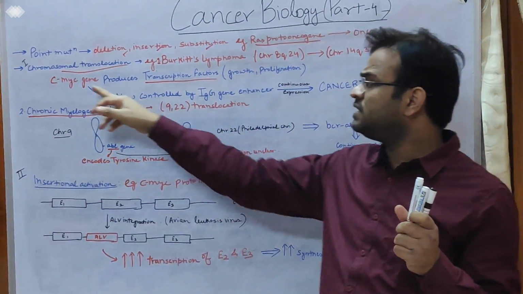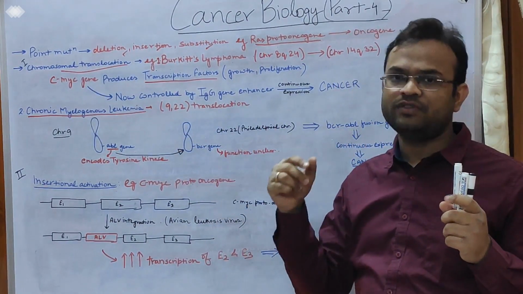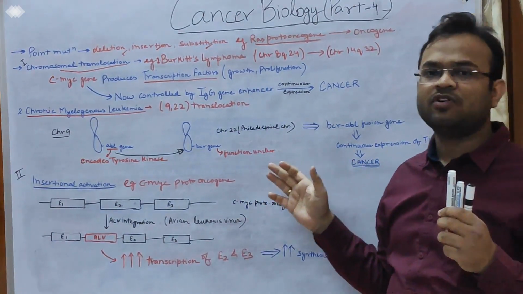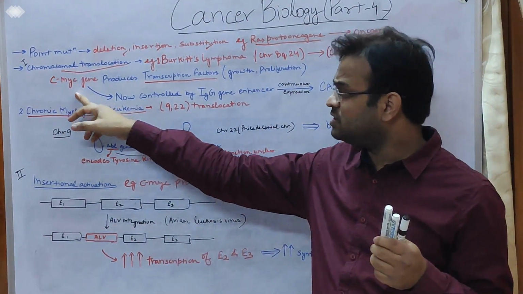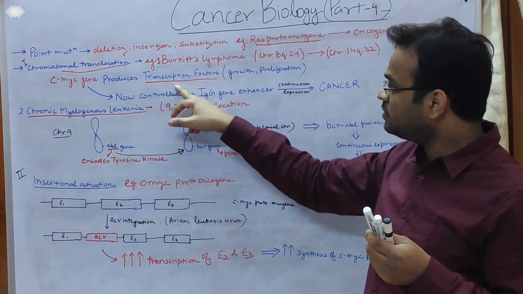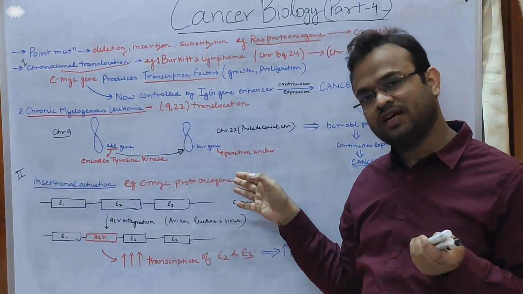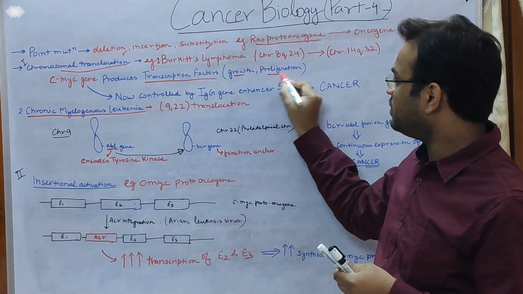So there is a gene called c-MYC gene. We have said in the previous lectures that c-MYC gene is a type of proto-oncogene. Okay, so this c-MYC gene is responsible for the production of transcription factors. We all know that transcription factors are involved in the growth and proliferation of the cells.